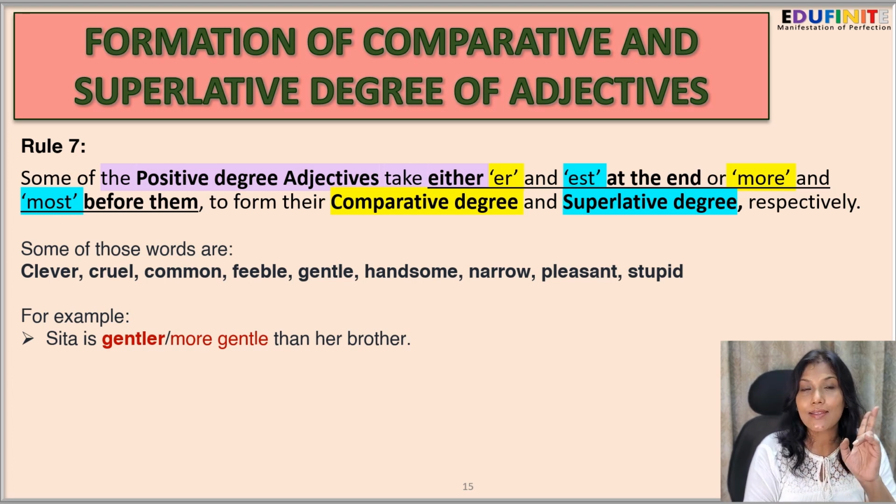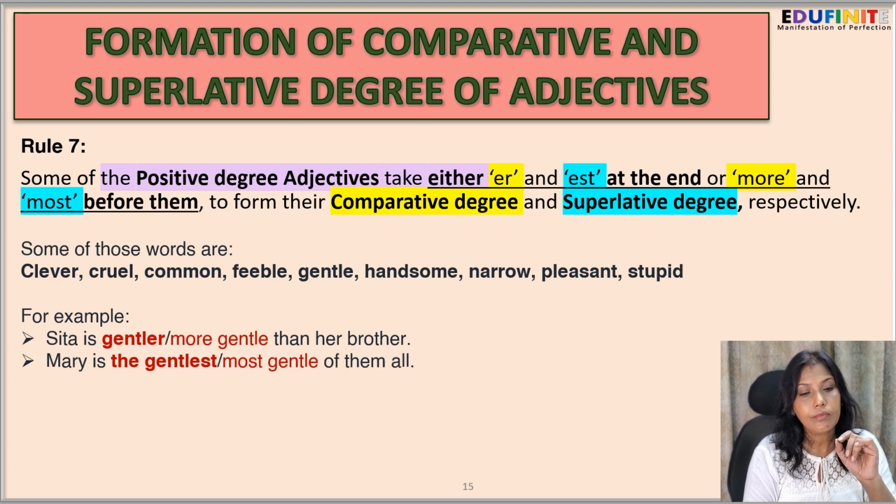So both the ways are correct for this particular word, gentle. Next, Mary is the gentlest of them all. So this is a superlative degree. Again, the other way, Mary is the most gentle of them all. So this is also correct.